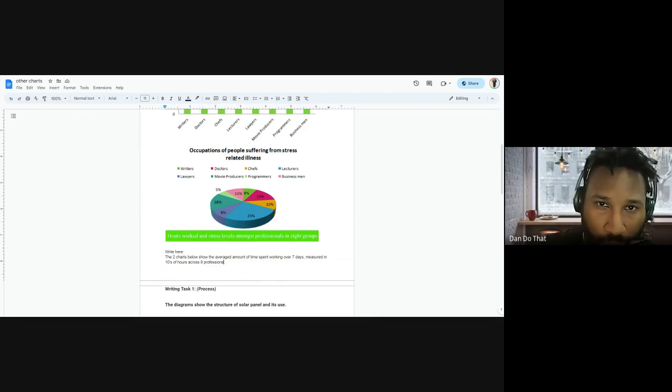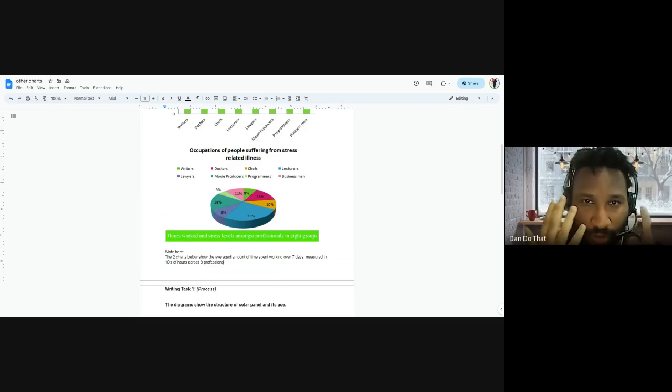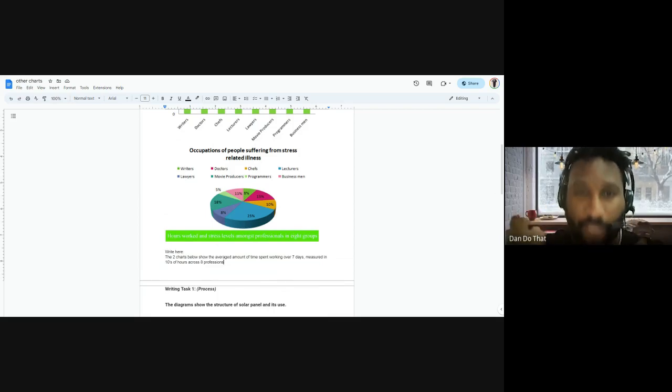They're white collar. Lawyers, lecturers, doctors, and writers. So across 8 professions, mostly white collar jobs. A chef is, I don't consider it a white collar, even though in some cases, literally, they have white collars.